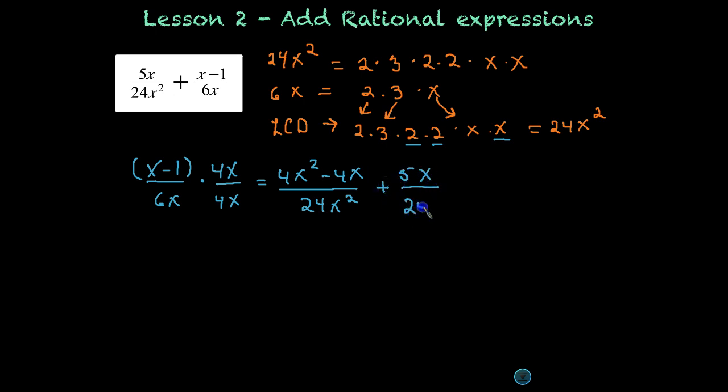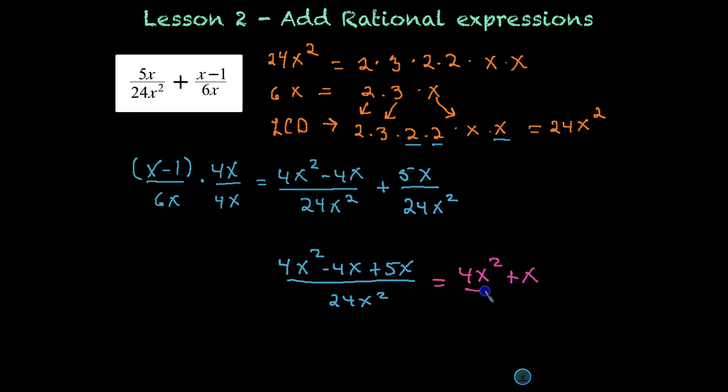So let's combine our numerators. We have 4x squared minus 4x plus 5x over 24x squared. Combining like terms, 4x squared can't be combined with anything, so we just write that. A minus 4x plus a 5x gives us plus x all over 24x squared.